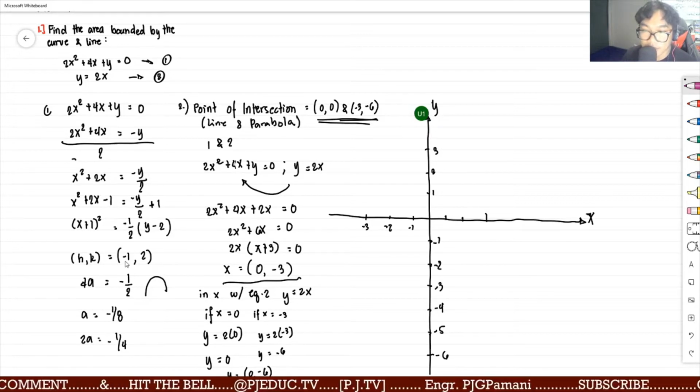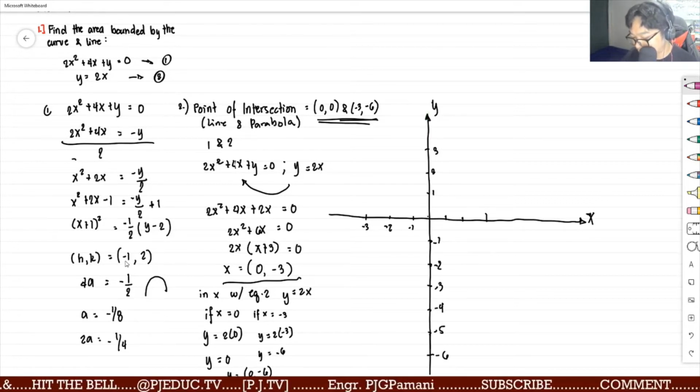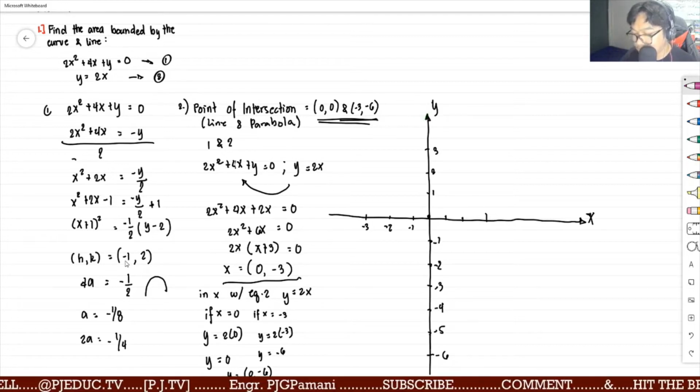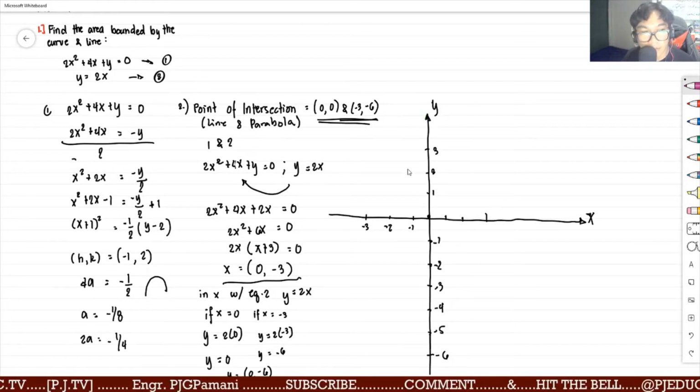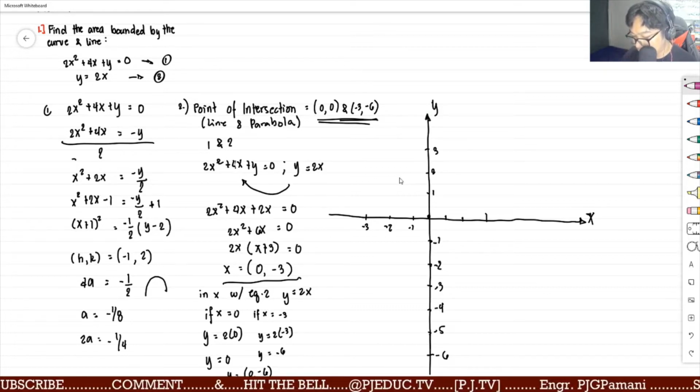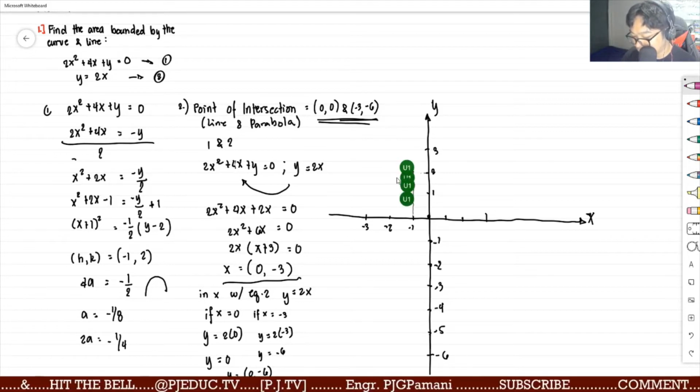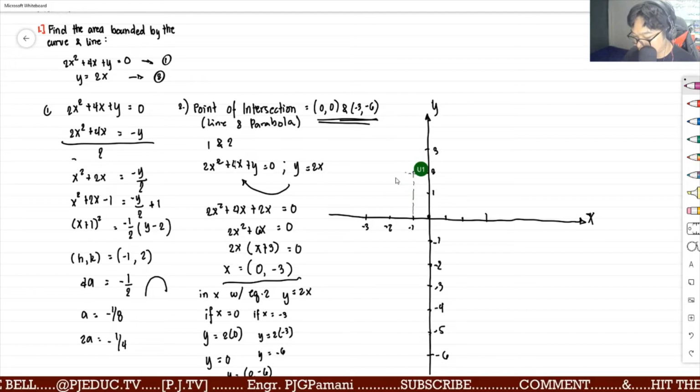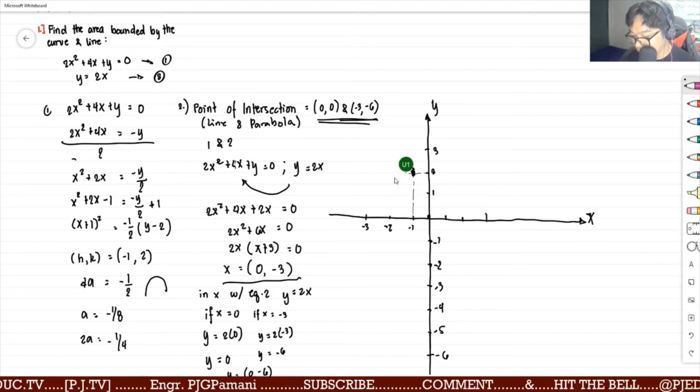Okay. The vertex of the parabola was found at negative 1, positive 2. Tatak lang natin yung negative 1, positive 2.